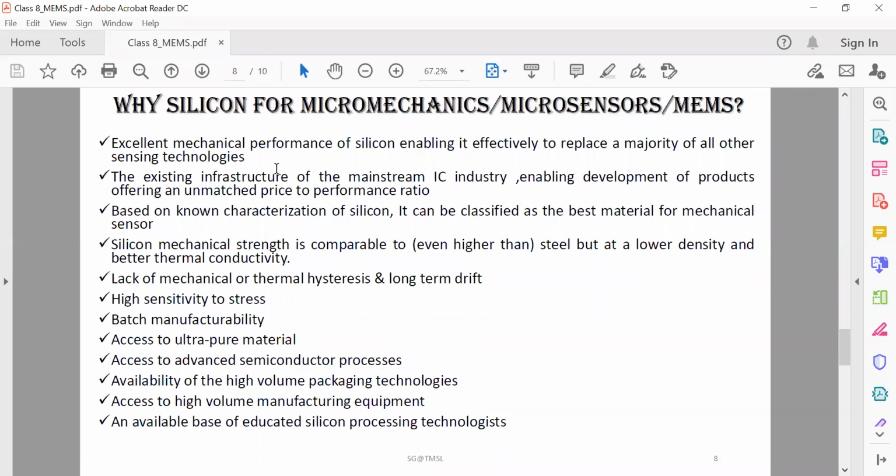Okay, the existing infrastructure of the mainstream IC industry is available, so we will use it in the case of MEMS fabrication or microsensors fabrication. So it is very easy to develop products which offer an unmatched price to performance ratio. The performance will be very good and the price will be low. That is the main aim.